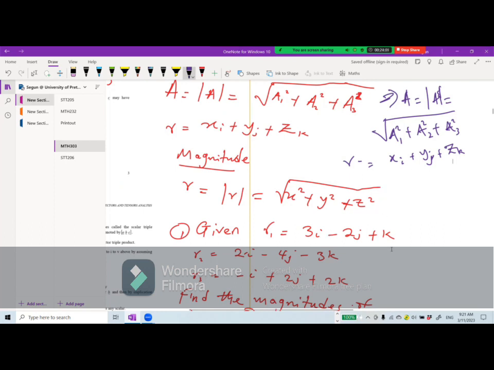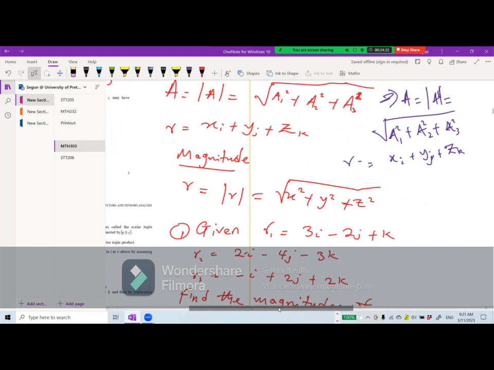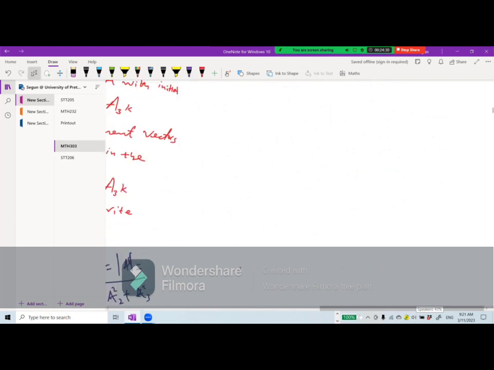Now let's look at this. When you are given vectors, how do we find the magnitude? In this case we have so many things to fall back on. Let's look at this example. I'm given r, write it here, hope you can see the board.